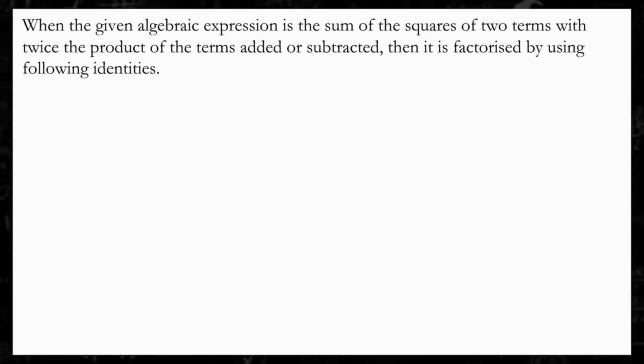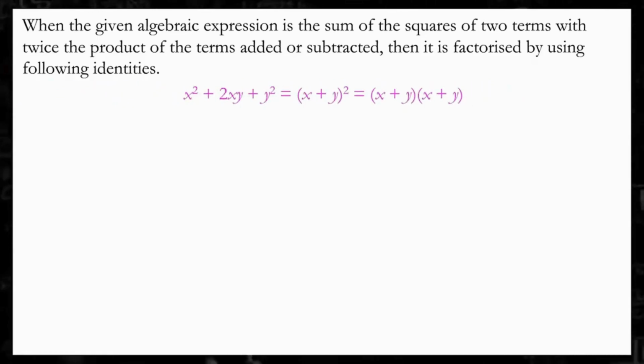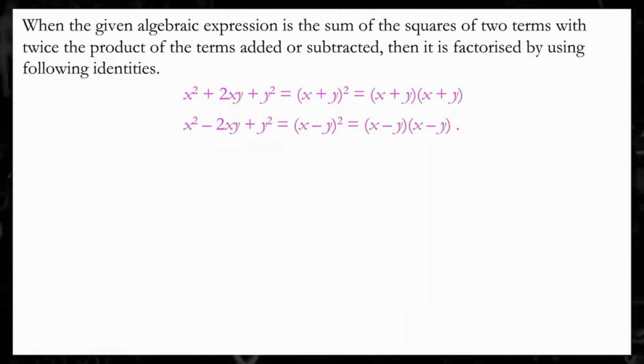When the given algebraic expression is the sum of the squares of two terms with twice the product of the terms added or subtracted, then it is factorized by using the following identities. x square plus 2xy plus y square is equal to (x plus y) whole square, which is equal to (x plus y) into (x plus y). x square minus 2xy plus y square is equal to (x minus y) whole square, which is equal to (x minus y) into (x minus y).